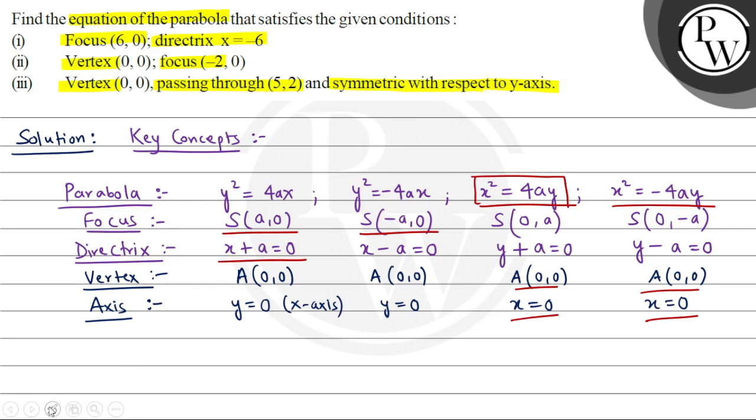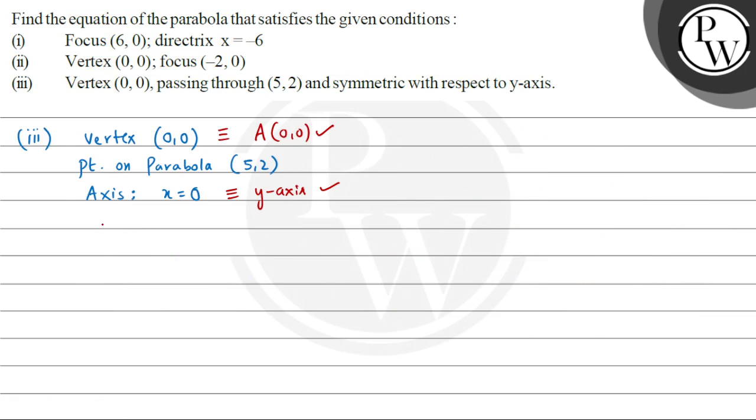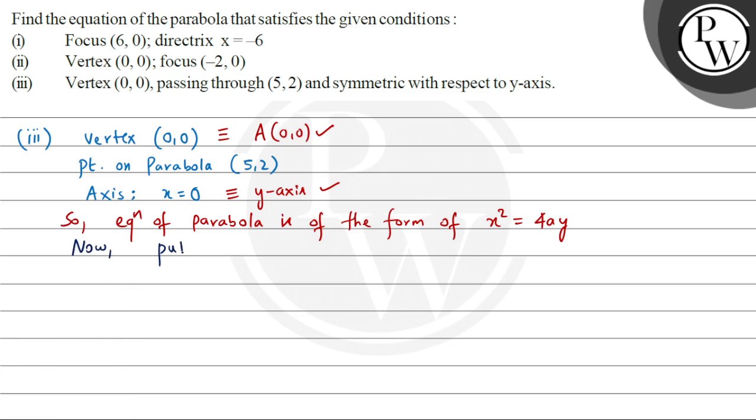So solving this question further, the equation of the parabola is of the form x square equals 4ay, right? Now putting 5 comma 2 in the equation, we have 5 square equals 4 into a into 2.